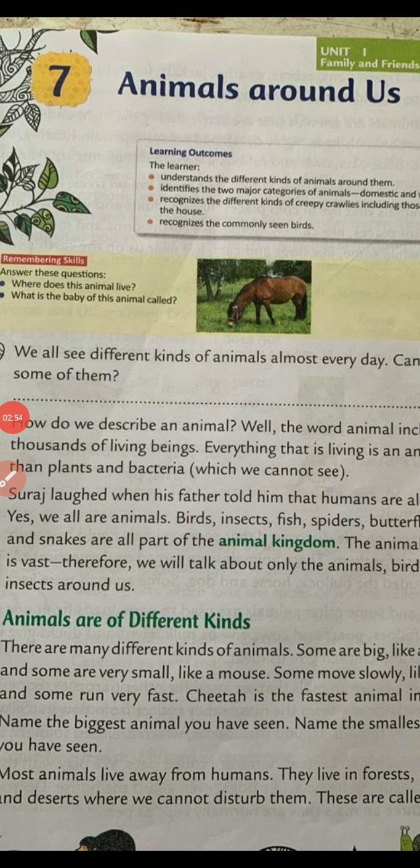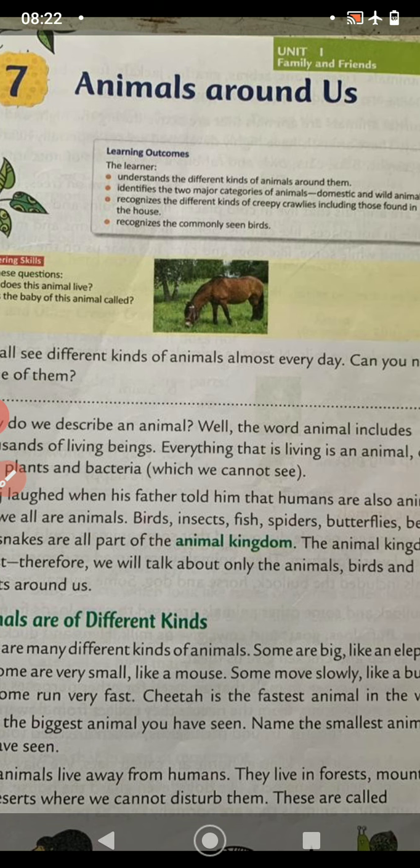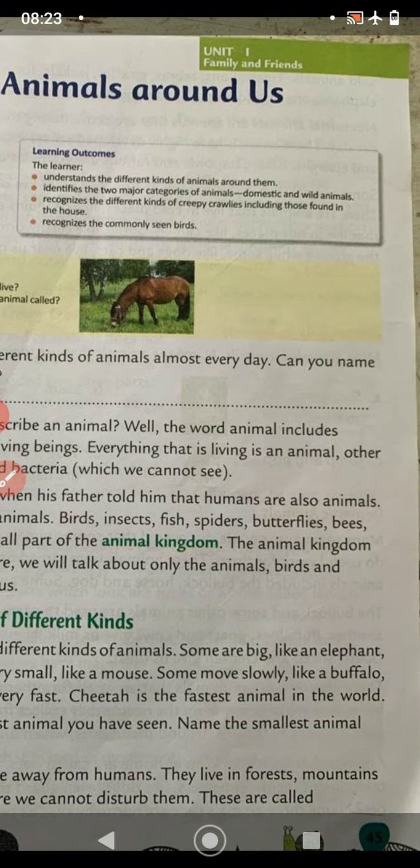There are different kinds of animals. Just have a look at this next passage. Animals are of different kinds. Some are big like an elephant and some are very small like a mouse, isn't it?